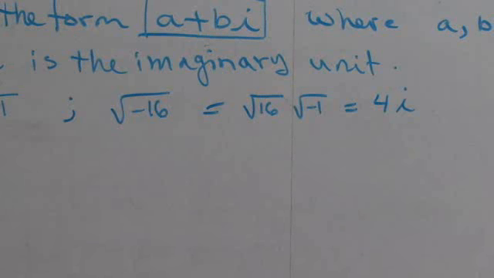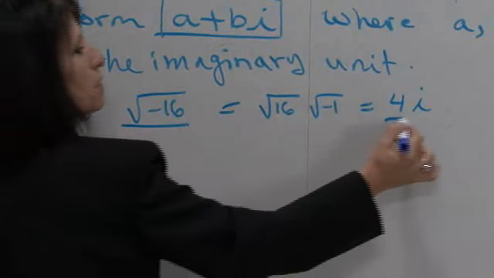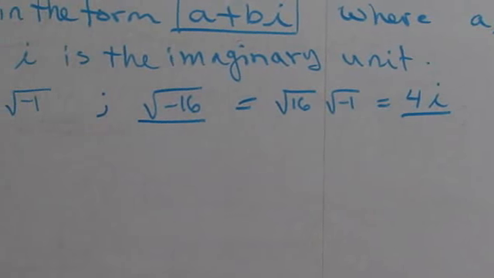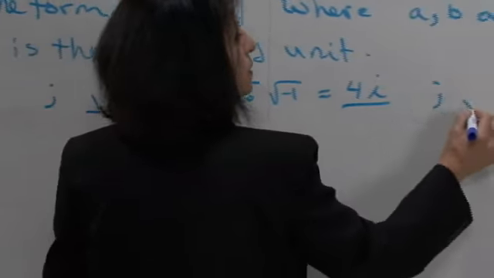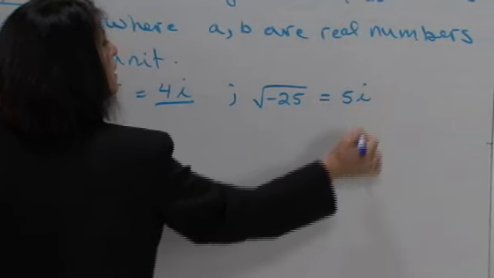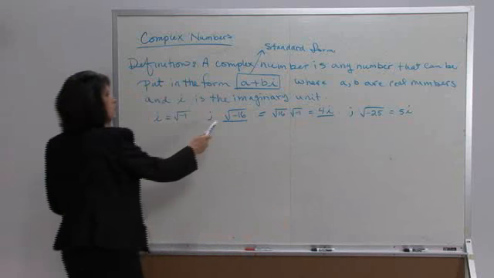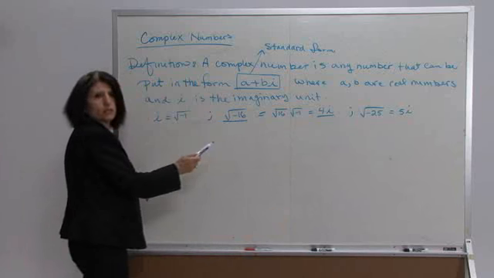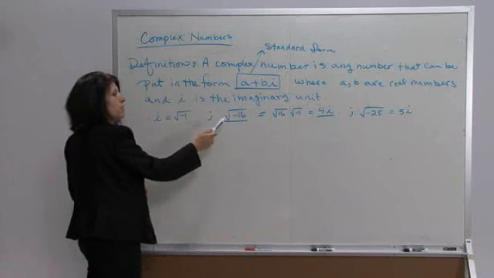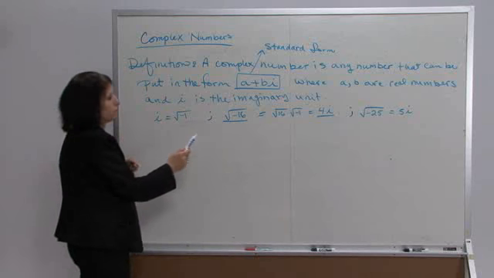So now we can simplify the square root of -16 to be 4i. Similarly with square root of -25, that's 5i, and so on. So now we can simplify a square root with a negative number under it, because we know the imaginary unit i replaces the square root of -1.